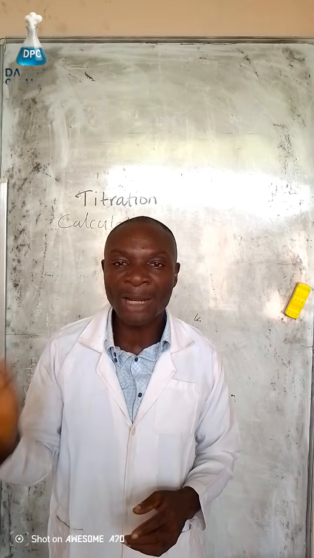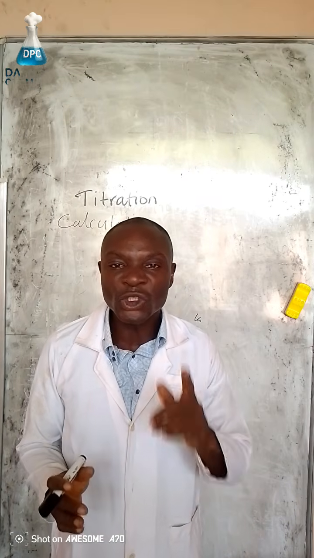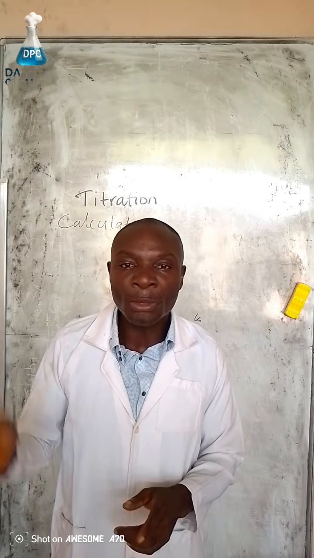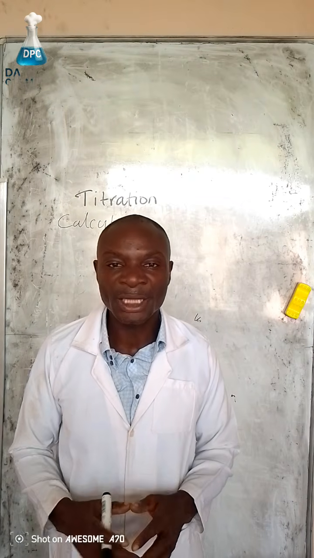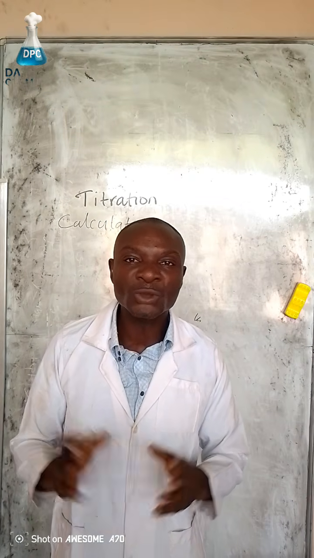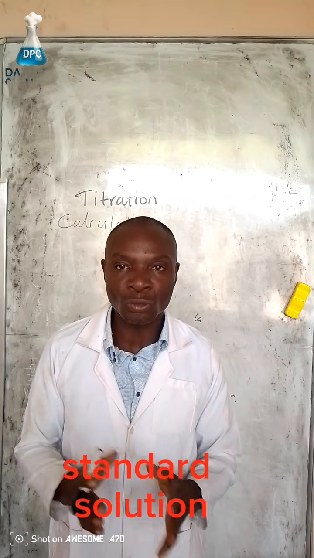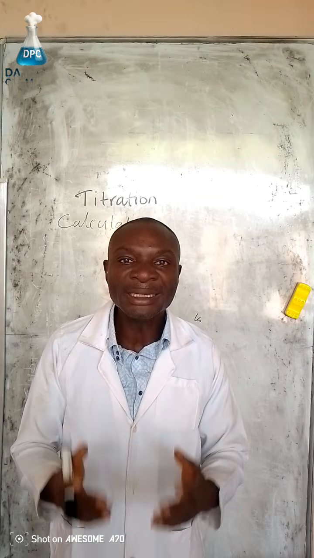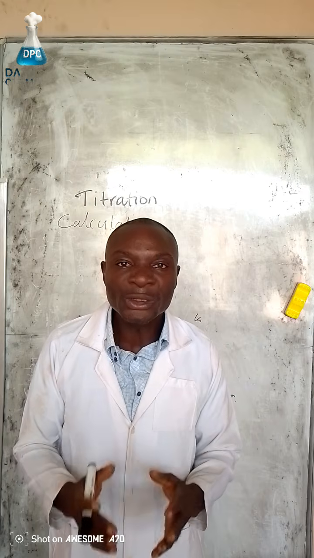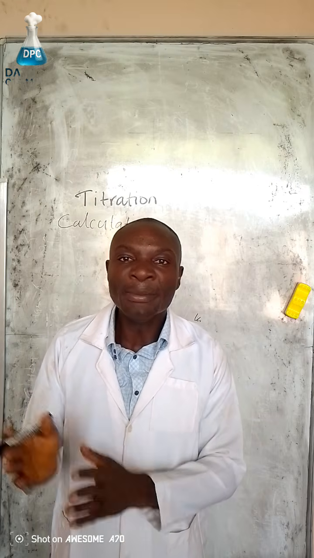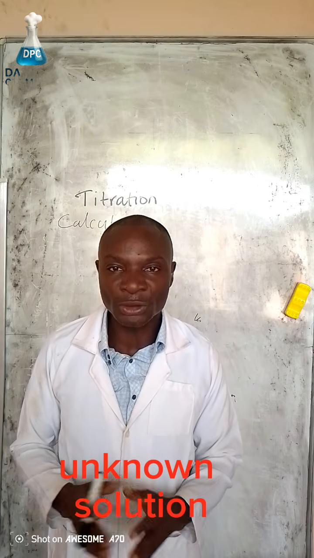One is acid, the other one is base. One must be known, the other one must be of unknown concentration. The one with the known concentration is what we call the standard solution. So the student is expected to use the standard solution to determine the unknown solution.